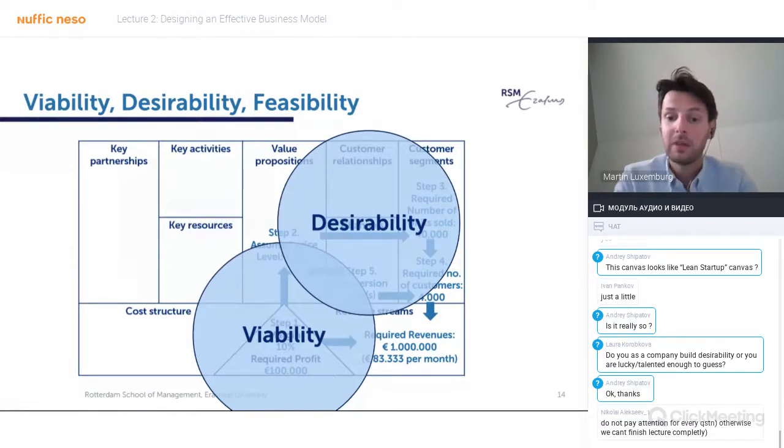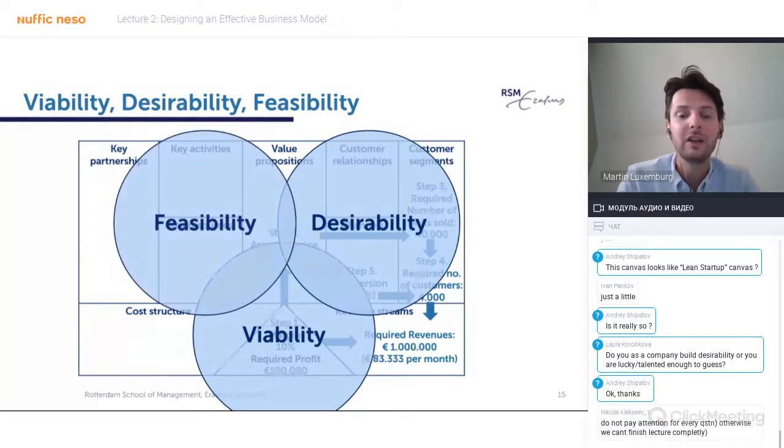And maybe if we go to the left side, you with your resources are not able to deliver those things, because maybe you don't have a production facility that is able to produce it for, for example, these lower rates that you are asking your customers.